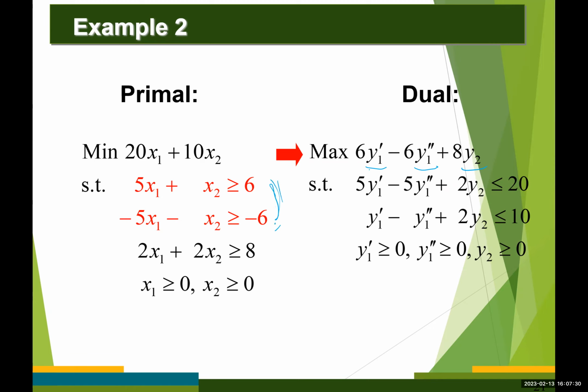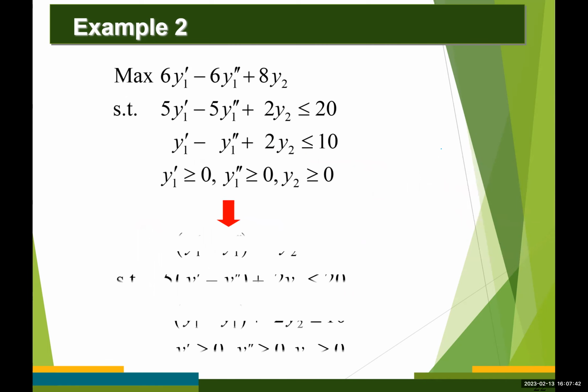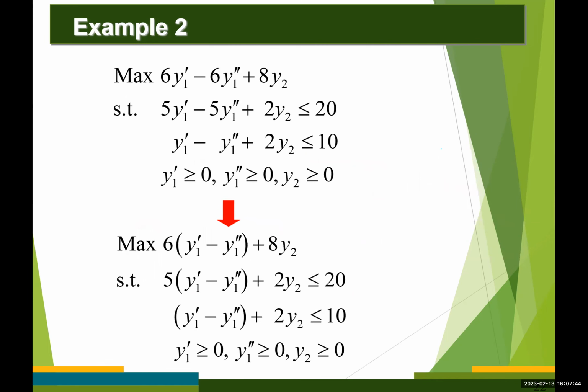That's why we decided to name them y1 prime and y1 double prime. Also notice that the pair of dual variables, y1 prime and y1 double prime, always appear with opposite signs, right?